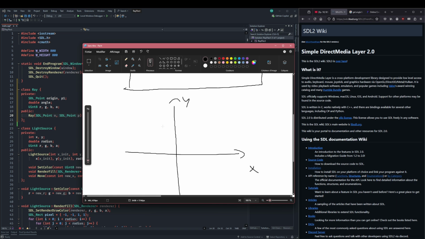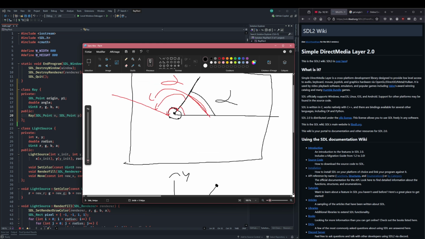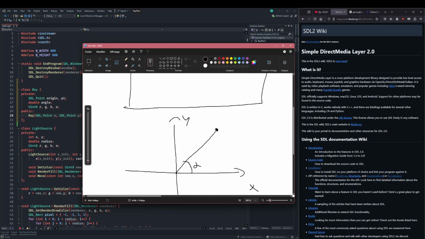Just for the sake of the example, I'm going to show it the normal way. So if we have a line that goes like this, and we have our alpha angle here, how do we calculate it if we have 2 points? We have this point, which in our case would be the point on the border of our disk, and we have the center of the disk right here.